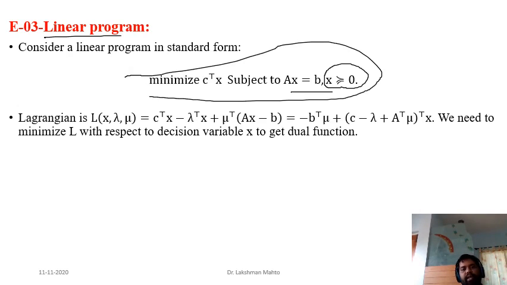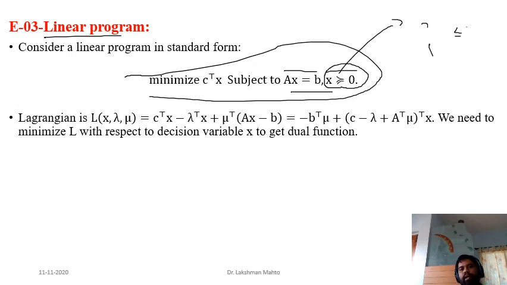So now we need to define the Lagrangian. We are having equality constraints and inequality constraints, so that's where lambda and mu both will come. We do a little bit of simplification, because in a standard optimization problem, inequality constraints we always write as less than or equal to.